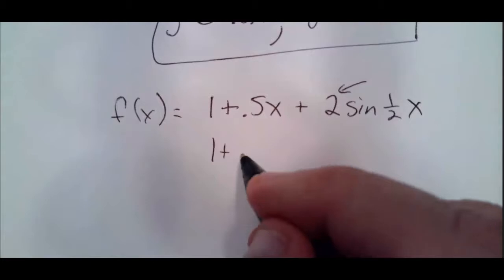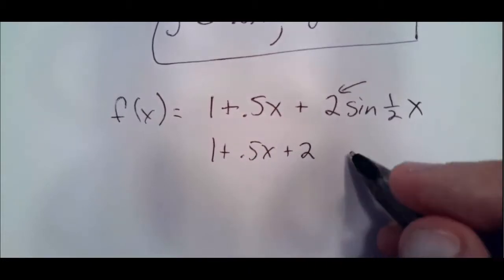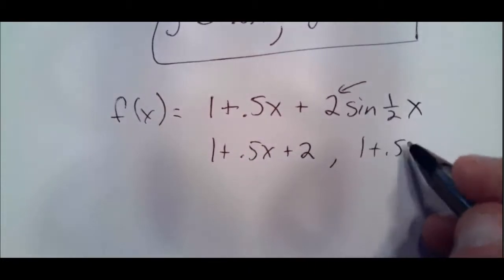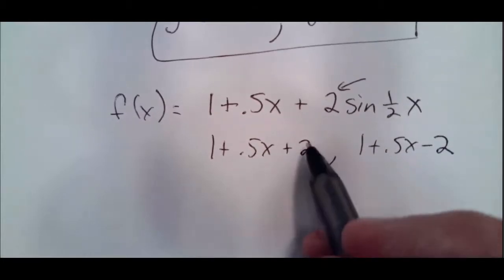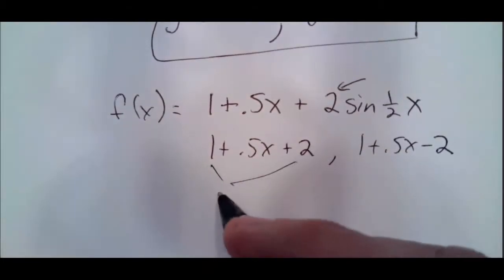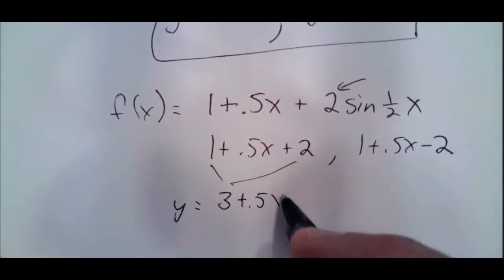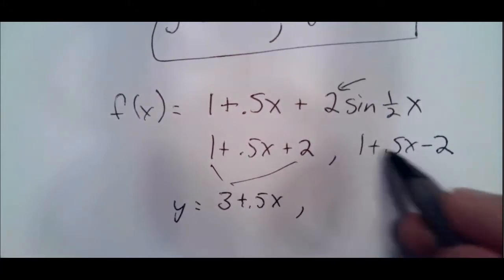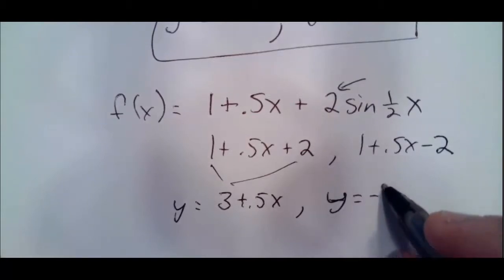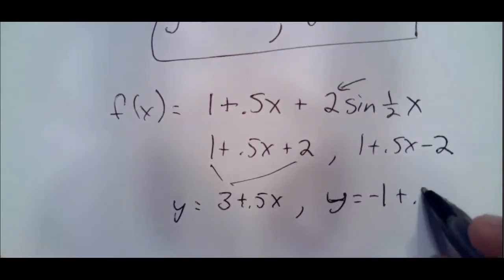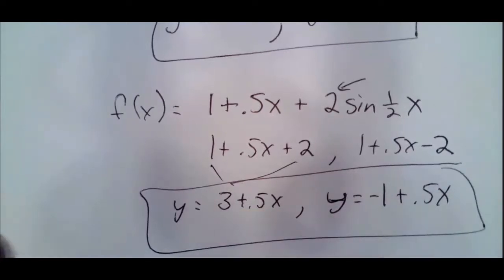So we have 1 plus 0.5x plus 2 and 1 plus 0.5x minus 2. Combine these two. So I have y equals 3 plus 0.5x and 1 minus 2, so that'd be y equals negative 1 plus 0.5x. And that's all you have to do.